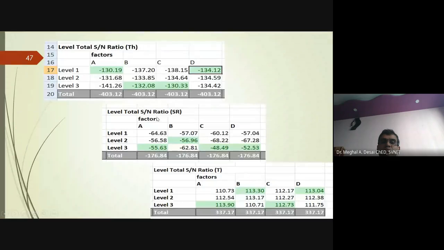Similarly, you can find for surface roughness and for transmittance. Once it is done, your first task is over, that is to find the optimum condition.